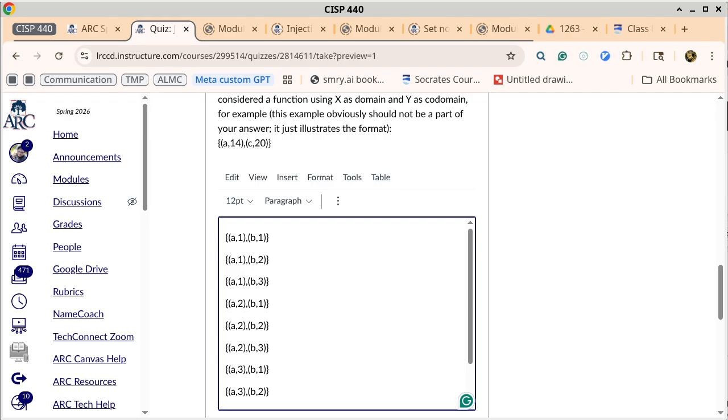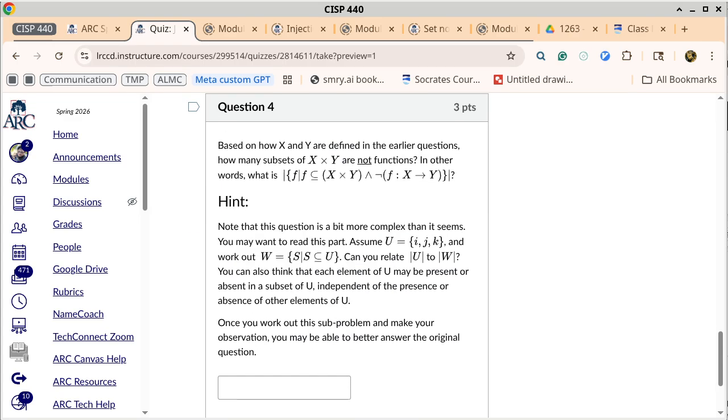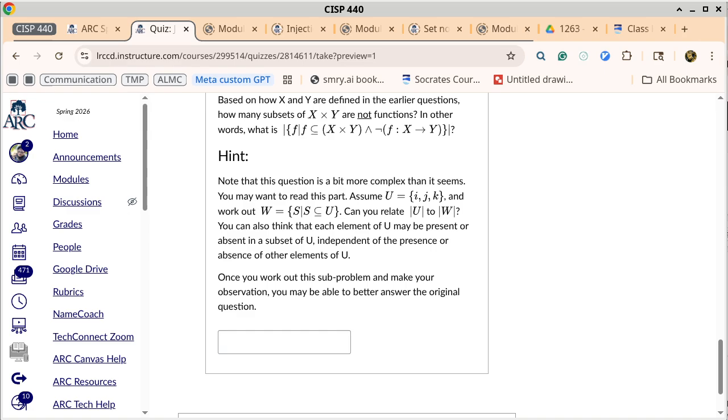So in this case, we know that there are only 9 that are functions. So now the question is how many subsets there are. So we talked about the subset idea earlier in the semester, and then we talked about how if there are n elements in a set, the total number of subsets that we can generate would be 2 to the power of n. So in this case, there are 6 elements in the Cartesian product.